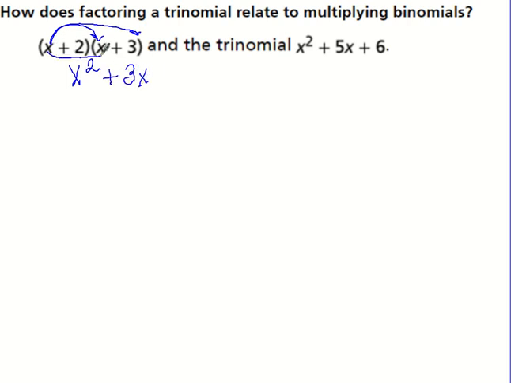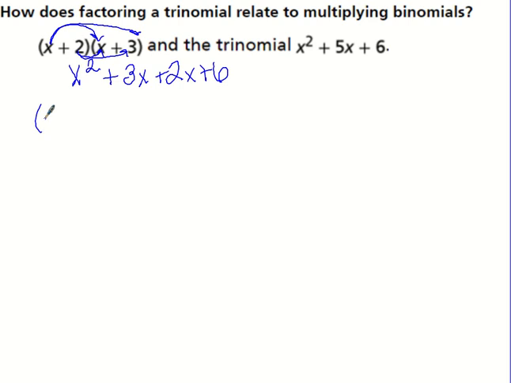Then 2 times x gets me 2x, and 2 times 3 gets me 6.